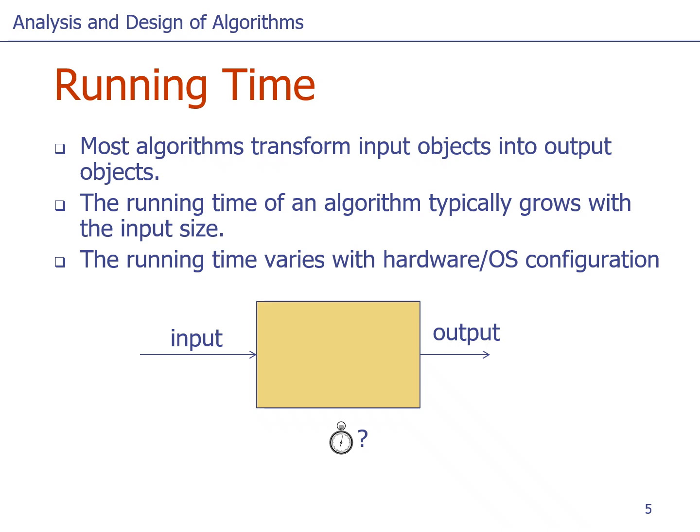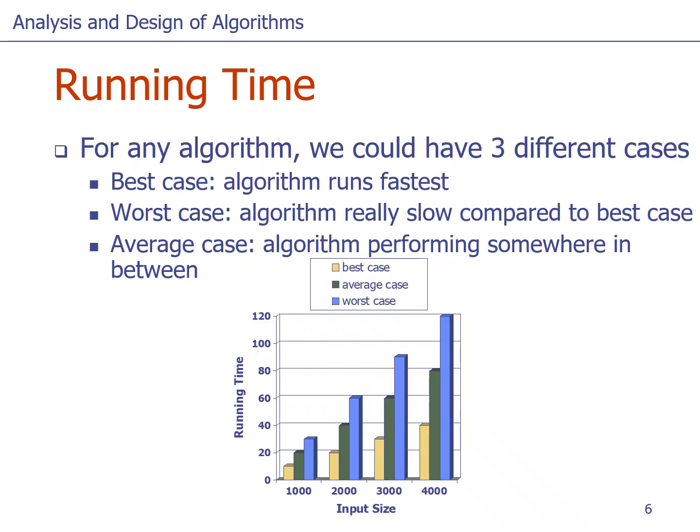Now add to that, for any given algorithm, there are really 3 different running times or cases, if you'd like. So even if you fix the hardware and you fix the operating system configuration, you're still going to get 3 cases. A case where the algorithm runs as fast as it can, a case where it runs very slow, and an average case in the middle.